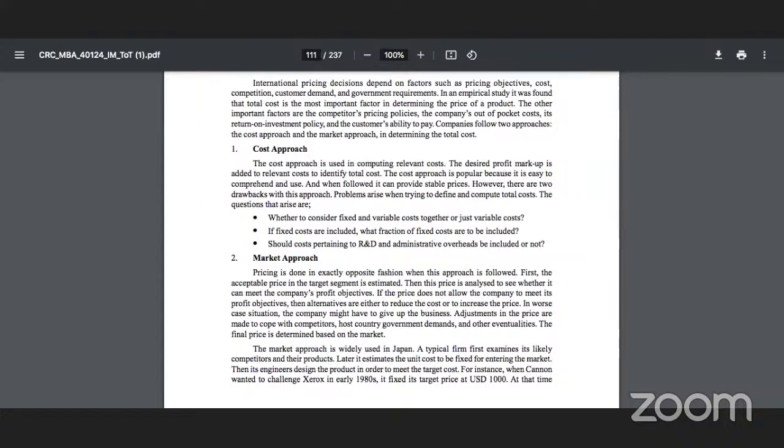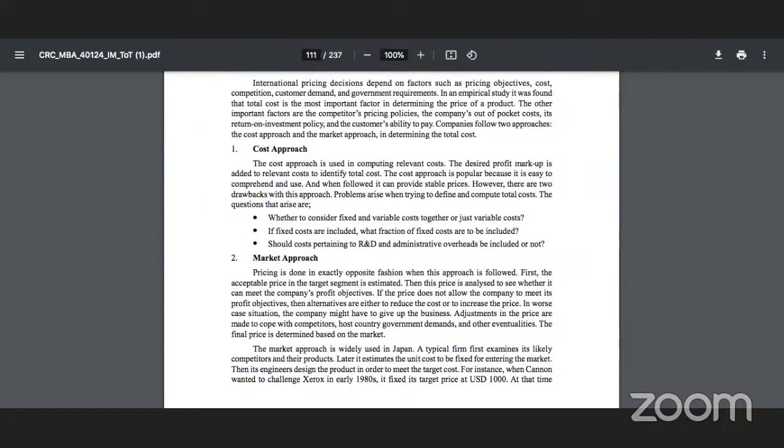The second one is if fixed costs are also included, what fraction of fixed costs are to be included? Because fixed costs are costs that have occurred on a one-time basis. However, the repercussions of that fixed cost will be seen over a long period in time. Now, companies cannot recover that money at one shot.